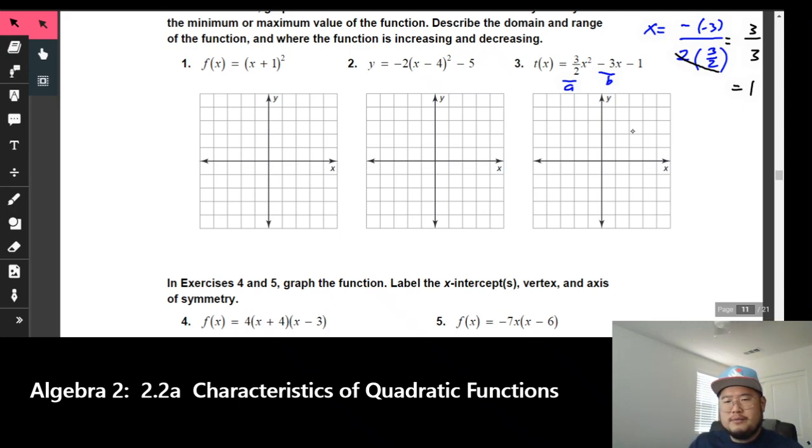So let's do that. I've got 3/2. All right, plug in 1 right here. 1 squared is 1 times 3/2 is 3/2. Minus 3 times 1. Remember, you do need to go from left to right. So 3/2 minus 3 is going to get us -1.5, or -1 1/2.